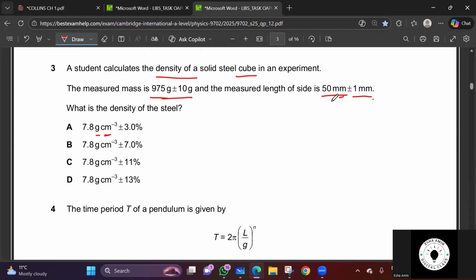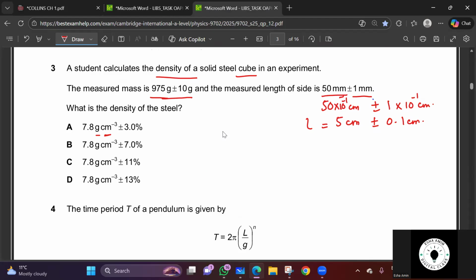So 50 millimeter can be written as 50 into 10 power minus 1 centimeter, plus minus 1 into 10 power minus 1 centimeter. So this will be 5 centimeter plus minus 0.1 centimeter. So this is now the length in centimeter.